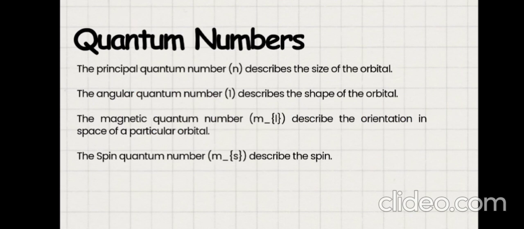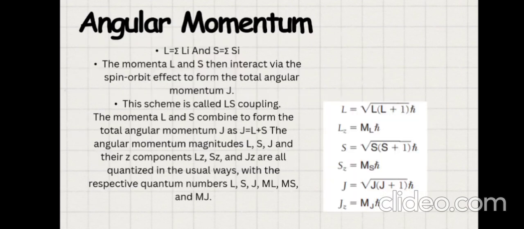Quantum numbers. The principal quantum number n describes the size of orbitals. The angular quantum number describes the shape of the orbital. The magnetic quantum number describes the orientation in space of a particular orbital, and the spin quantum number describes the spin. The angular momentum L is equal to the summation over Li and S is equal to the summation over Si.